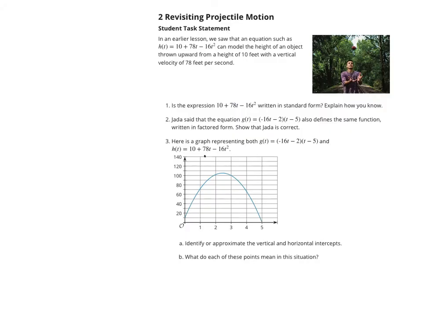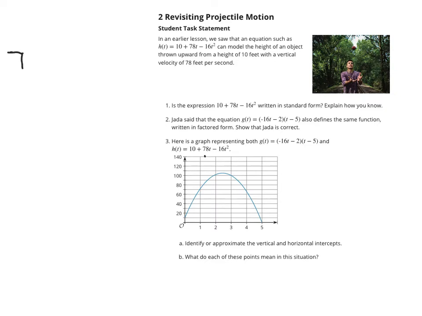All right, let's see how we can apply this. So, revisiting projectile motion. In an earlier lesson, we saw that an equation such as h of t equals 10 plus 78t minus 16t squared can model the height of an object thrown upward from a height of 10 feet with vertical velocity of 78 feet per second.